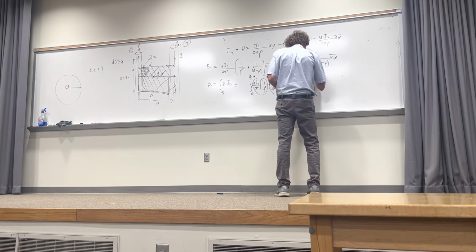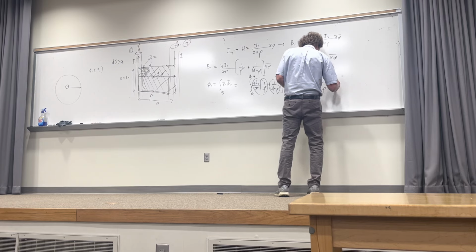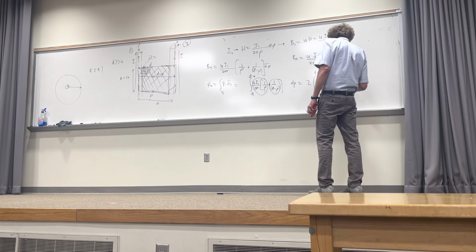So I'll just say it's equal to 2 times the integral from a to d minus a of mu I over 2 pi rho, and it would be d rho. And when I get that, what do I get?